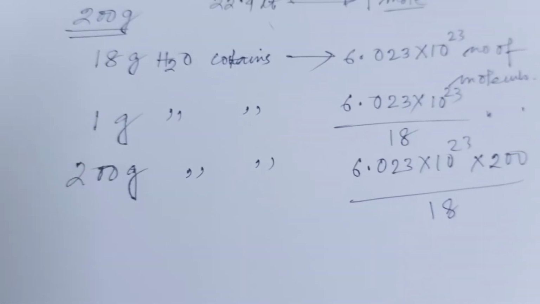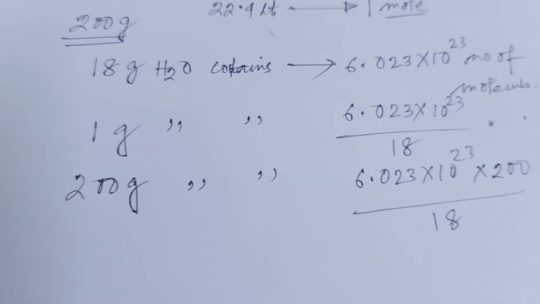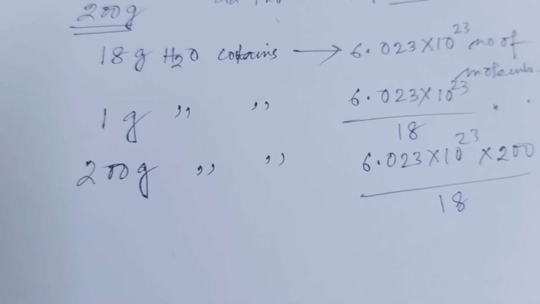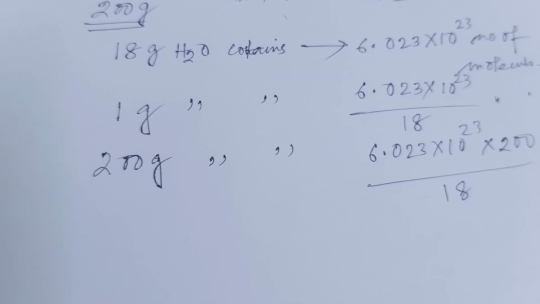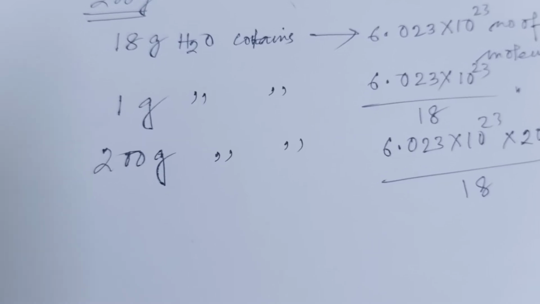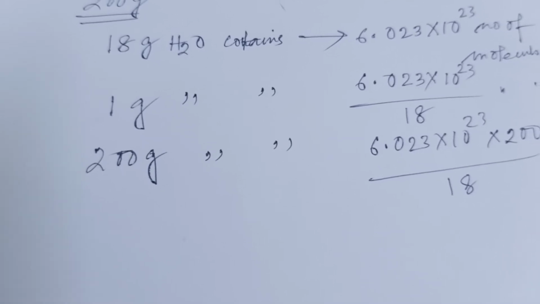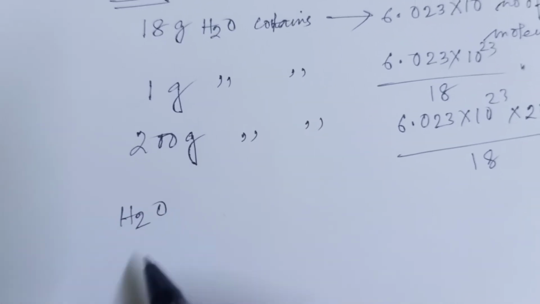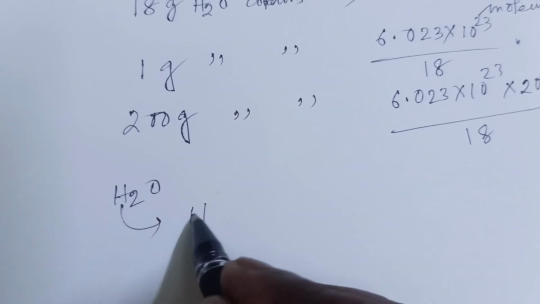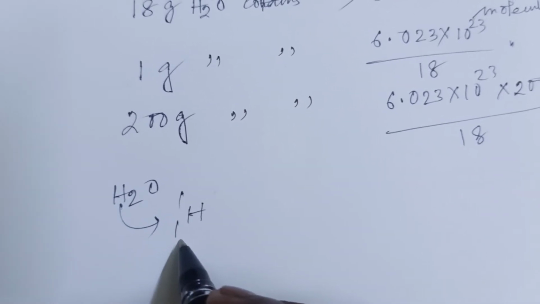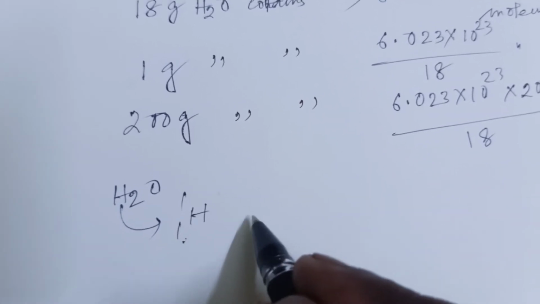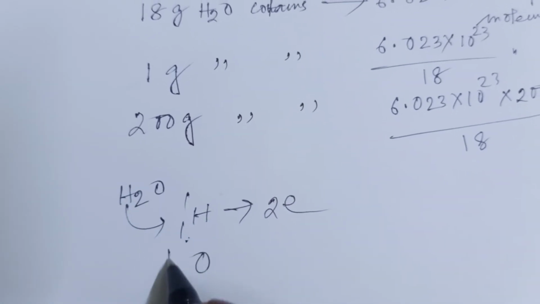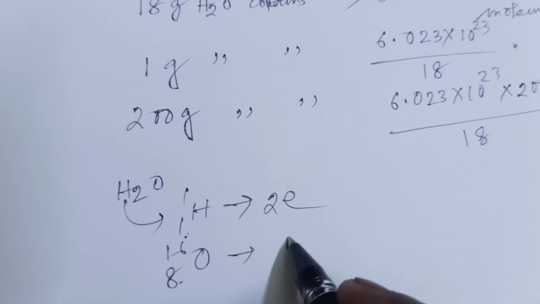And the last one is how many electrons are contained within the cup of water. So for that particular cup of water, what is the number of electrons? H2O means hydrogen contains 1 and there are 2 hydrogens, so it contributes 2 electrons. And oxygen, this is 8 and 16, so it contributes 8 electrons.